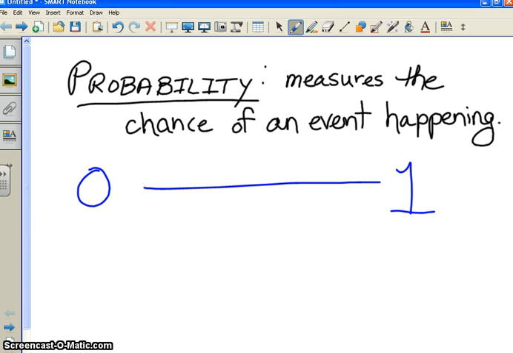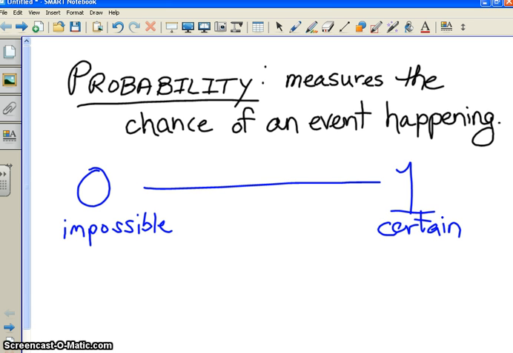Something with a 0% chance of happening is impossible. And something with a 100% chance of happening, or a 1 over 1 chance, is certain to happen. And then you can run the gamut in between 0 and 1.